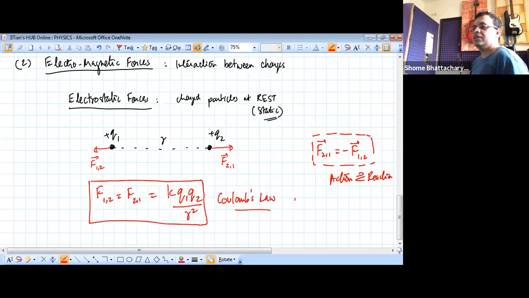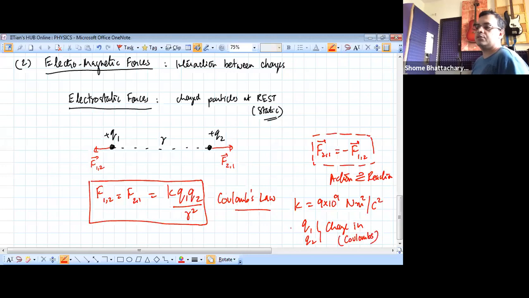Here the constant k is 9 into 10 raised to 9 newton meter square per coulomb square. Q1 and Q2 are charges in coulombs. The SI unit of charge is coulombs, as you know. R is distance in meters, and obviously F is force in newtons.